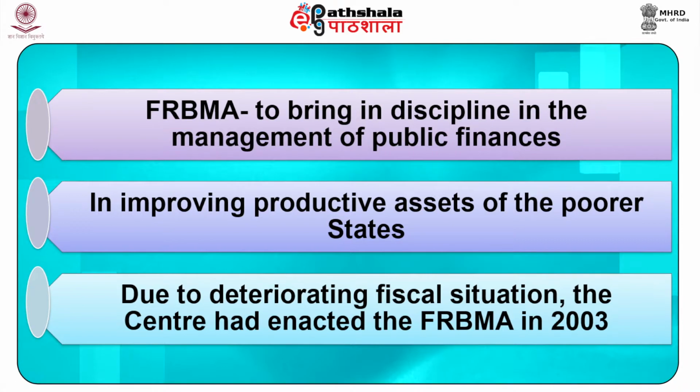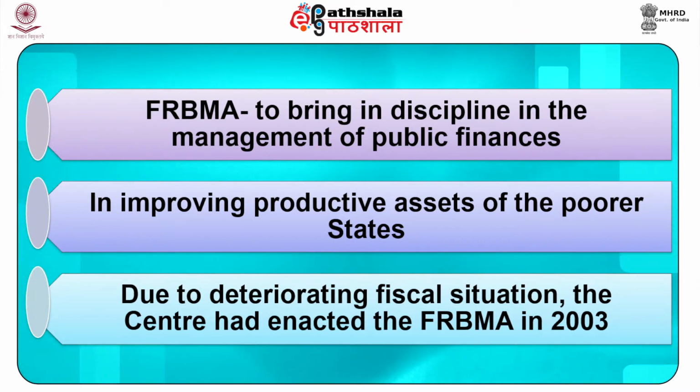The Enactment of Fiscal Responsibility and Budget Management Act, known as FRBMA, by the centre directs the states to bring in discipline in the management of public finances, which has added pressure particularly in improving the productive assets of the poorest states.